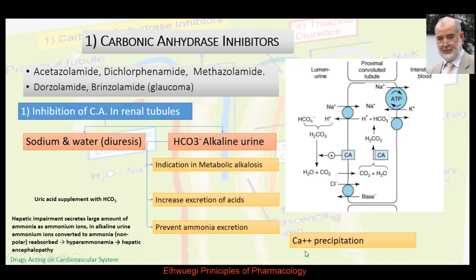Therefore, long-term use of acetazolamide can lead to calcium renal stones, because calcium will be precipitated in alkaline urine. So this is the first group, the carbonic anhydrase inhibitors, and their effect on the renal tubule.